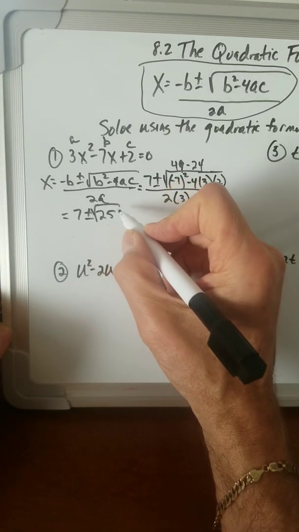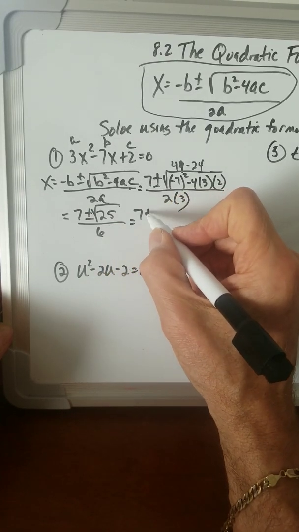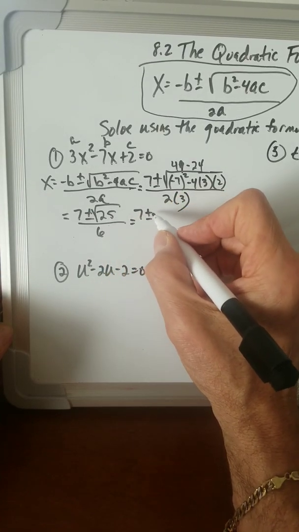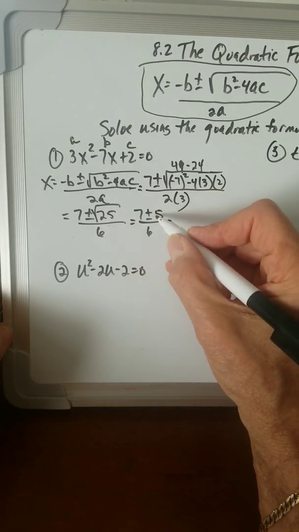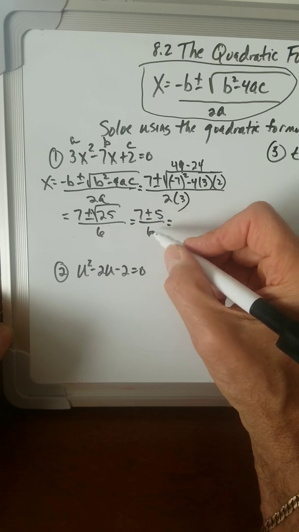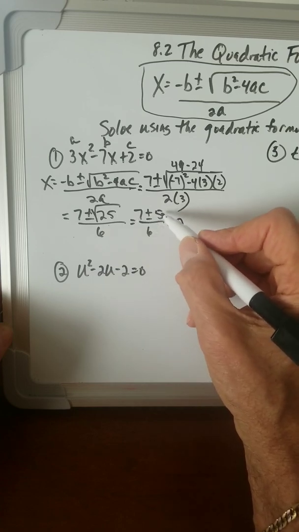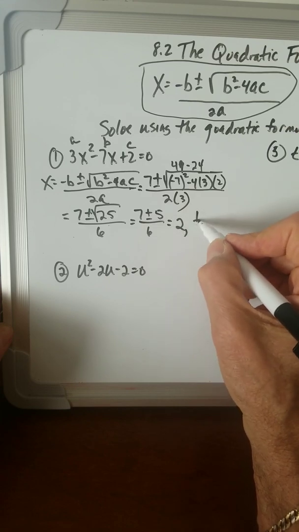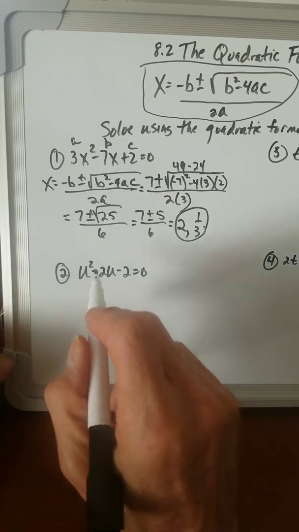And that is in the square root all over 6. So we get 7 plus or minus, square root of 25 is 5, over 6. And we got 7 plus 5 is 12 over 6 is 2. 7 minus 5 is 2 over 6 is 1/3. There's your 2 answers.